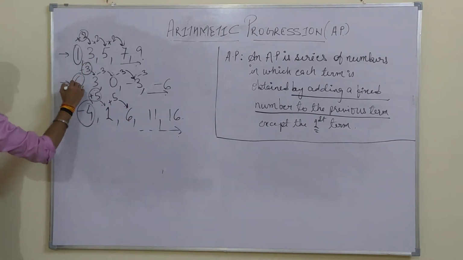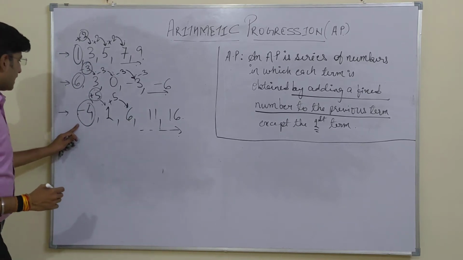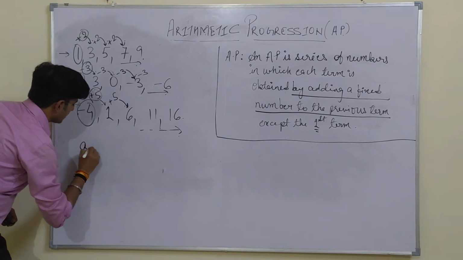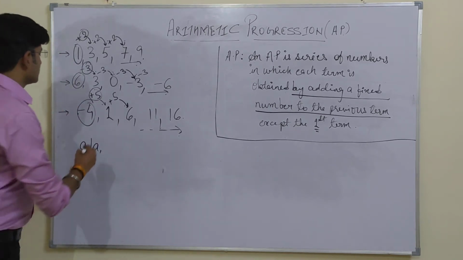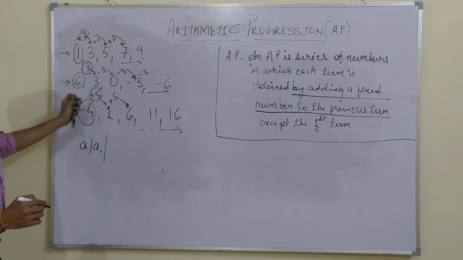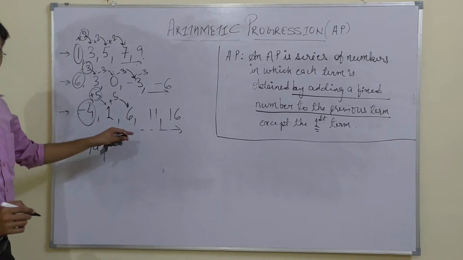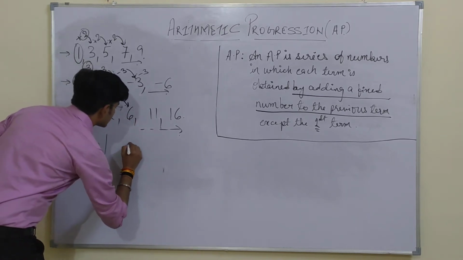So these three encircled terms in the beginning are the first terms of the AP and they are denoted by a or a1. These are the first terms and the fixed term which is added to these first terms consecutively to get the subsequent term is called common difference.